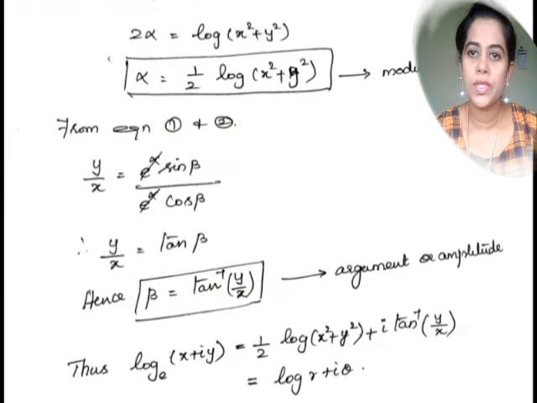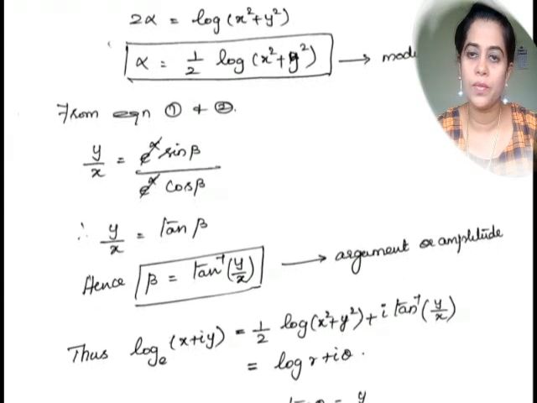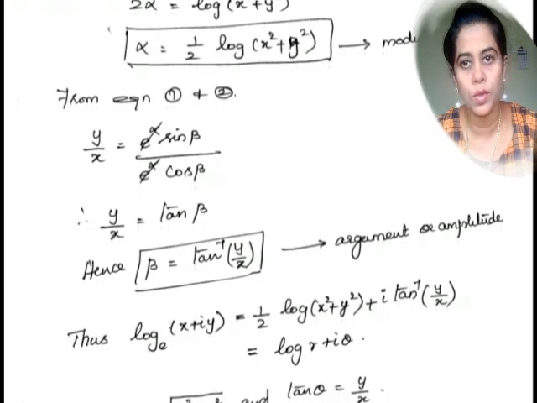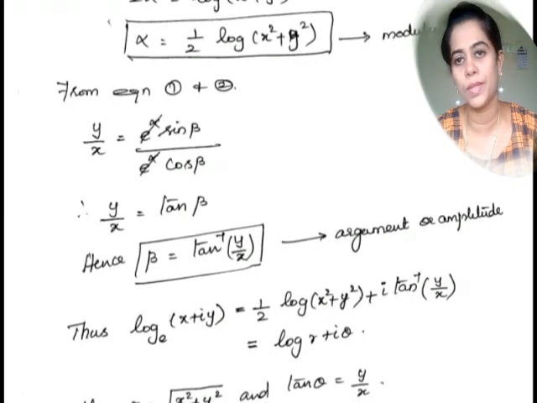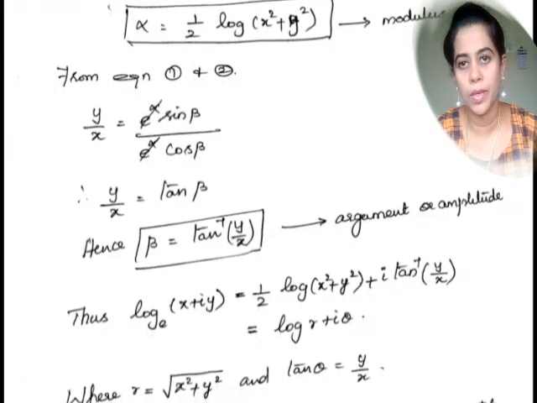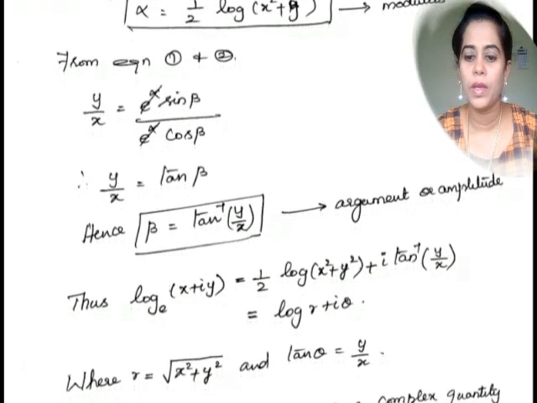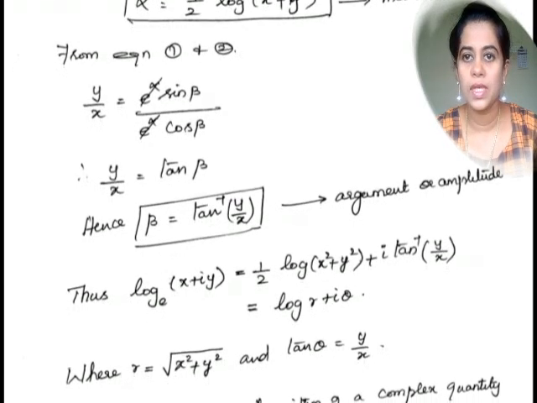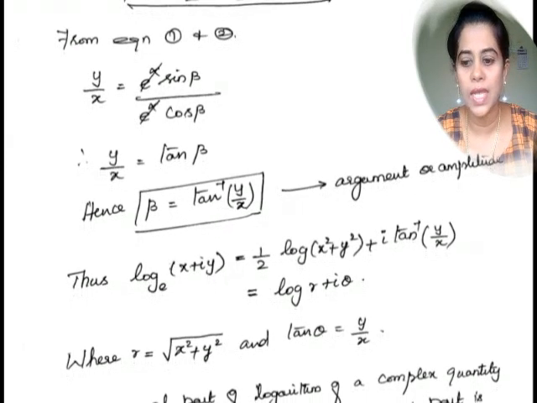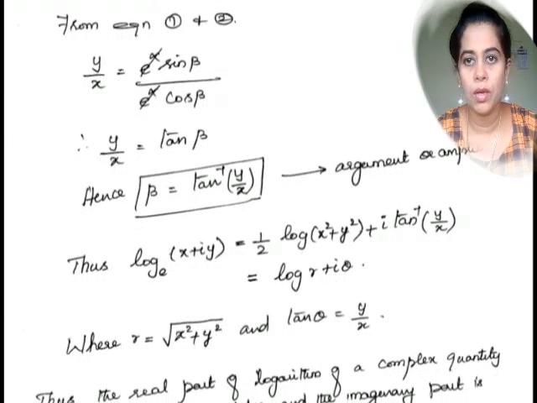Similarly, from equations 1 and 2, dividing equation 2 by 1, y by x is equal to e power alpha sin beta divided by e power alpha cos beta. E power alpha gets cancelled, and the remaining is tan beta. So beta is equal to tan inverse of y by x. This is the amplitude or argument.